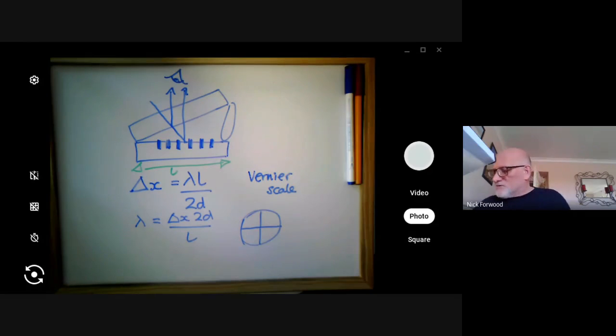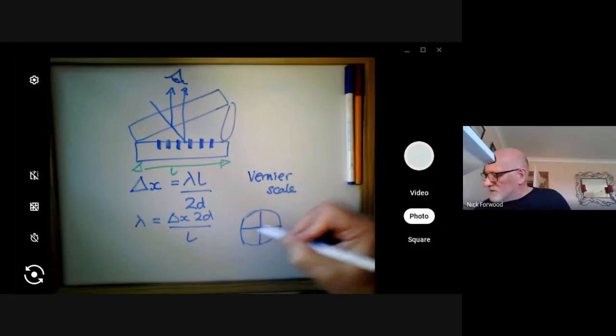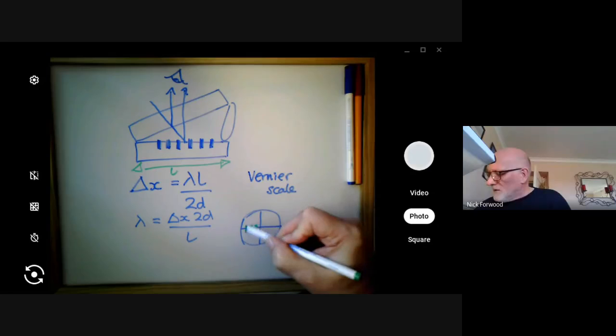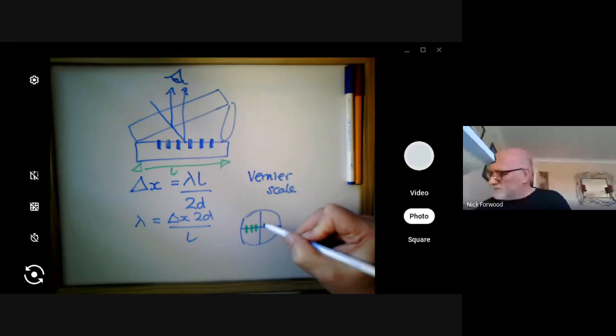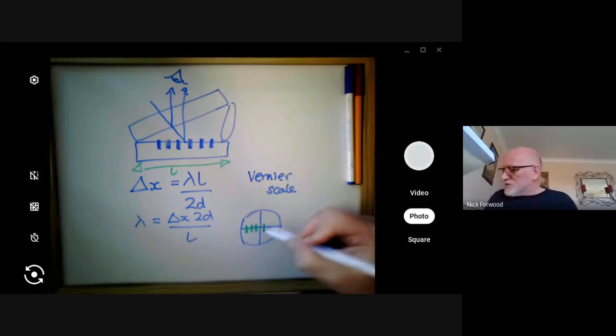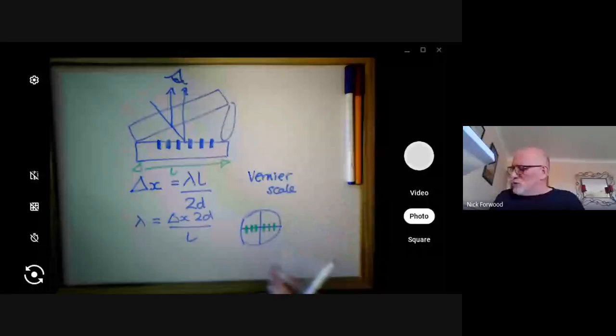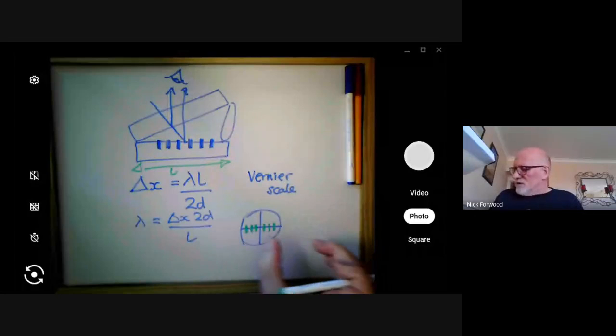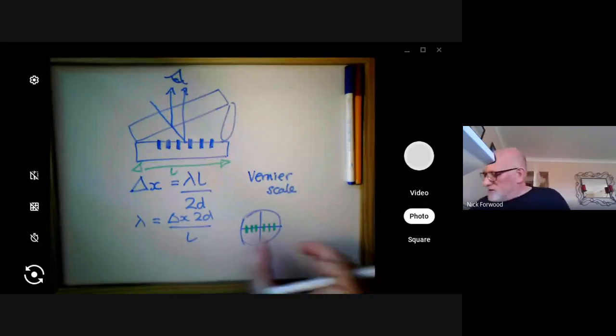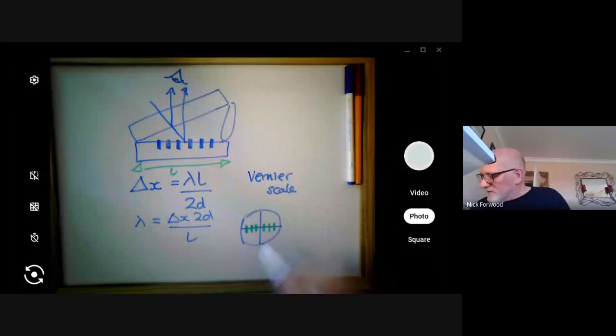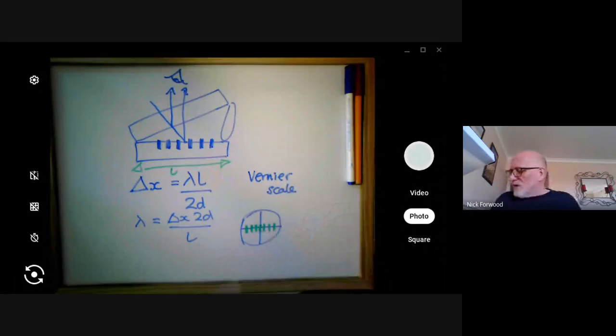And then I'll draw these in a different color, but you then see the fringes like this through the microscope. And it's called a traveling microscope because you can actually move the eyepiece left and right, and you can position the eyepiece. That'll be a central bright fringe there. You can move the eyepiece left and right, and it's connected to this thing called a vernier scale. It's just like a ruler.